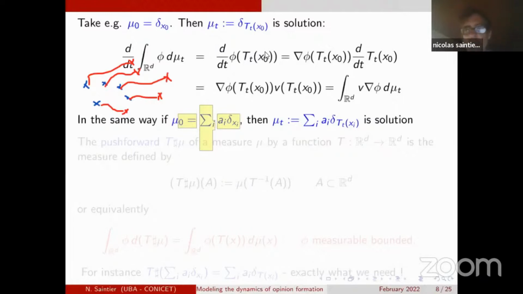Actually, we could write something slightly informally, in the way that we could say that my mu0, I could write it that way: the integral of delta x d mu0 of x.